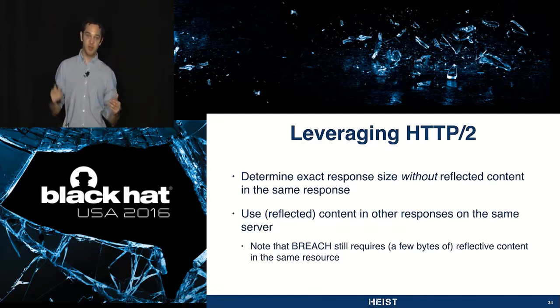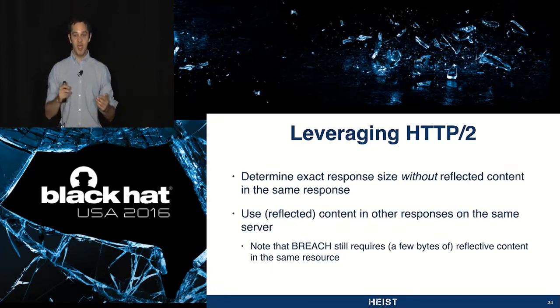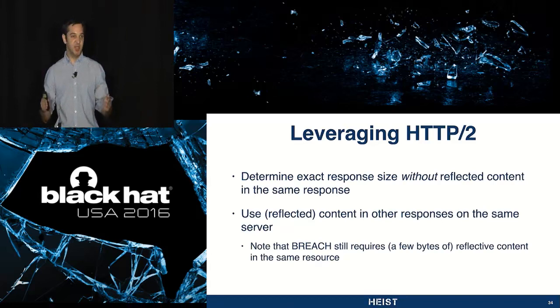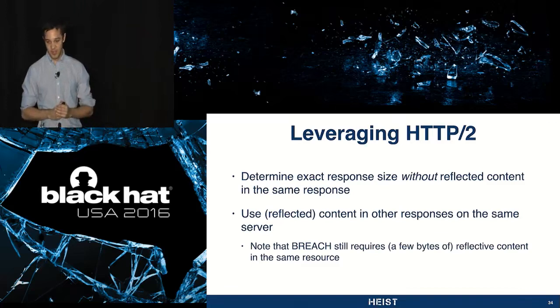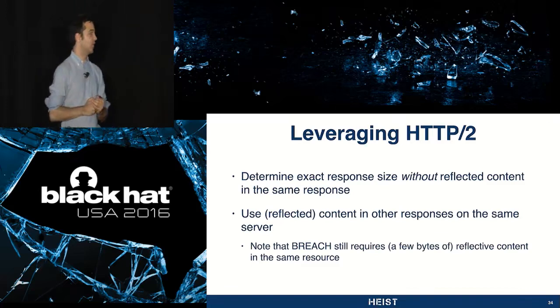Because there is only a very small amount of reflected content, it means we might be able to apply BREACH. However, this small amount is not enough to really fill the TCP windows. But even though we can't use this resource itself to find this tipping point, we can abuse features of HTTP2 to still execute the BREACH attack, even though the reflected content is very small. So let me illustrate how this works, again using an example.